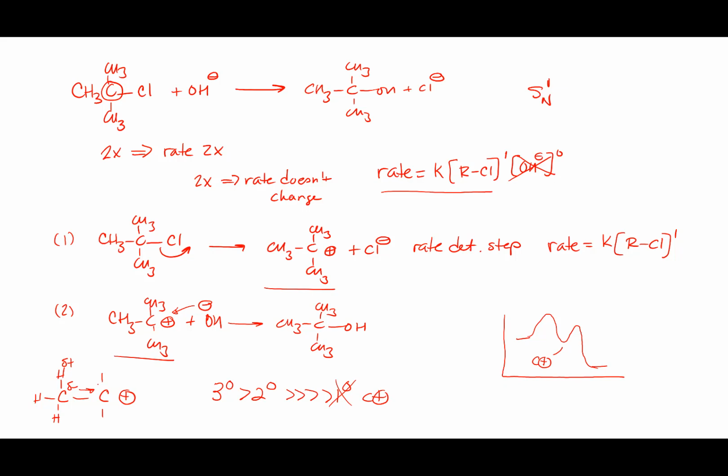And one methyl group isn't enough. Okay? So tertiary carbocations are more stable than secondaries. And how does that affect the rate? We'll have to do that on Friday. Kind of pick this up and take it into the final part of chapter 3.